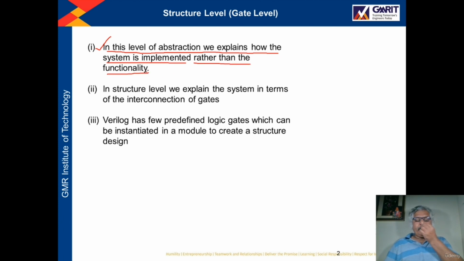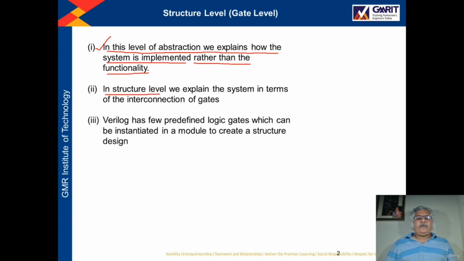So we concentrate on the implementation part of the system. What are the various gates used for the implementation, and how they are interconnected. So we never bother about the functionality of the system, right? We bother about the implementation part.